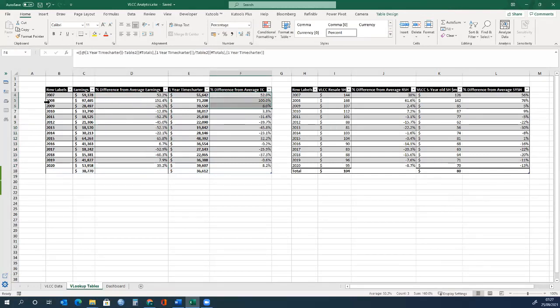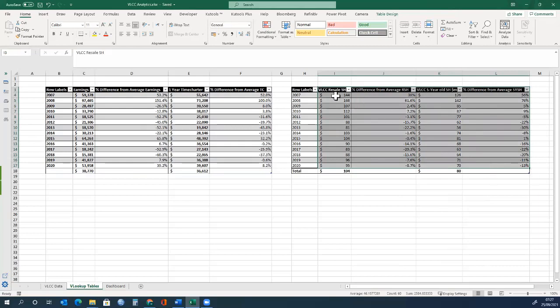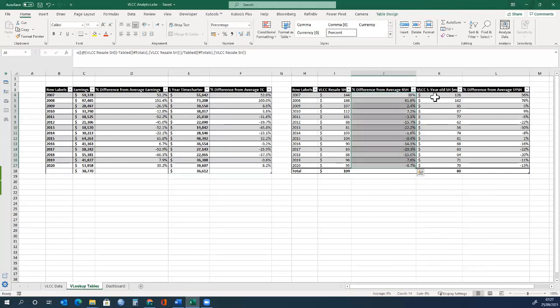For example, in 2008, spot earnings went up from $59,000 to $97,000 per day, an increase of 151%. The time charter earnings increased by 100%. The second table refers to ship sales. This is the value of resale, VLCC, and percentage difference in the sale price from the previous observation.